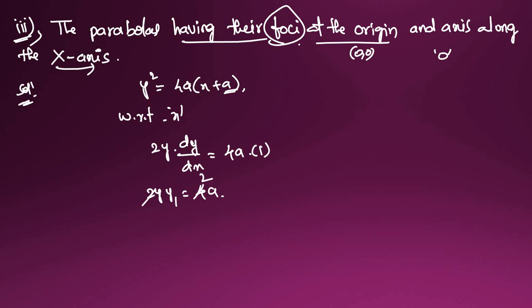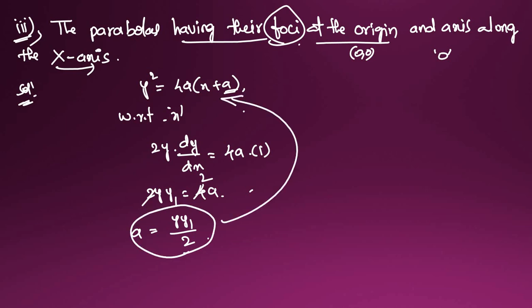And y1 we got now here. Can anyone tell, anything we can do here? So a is equal to y1 divided by 2, we can write here. So this a value we will substitute in the question here.